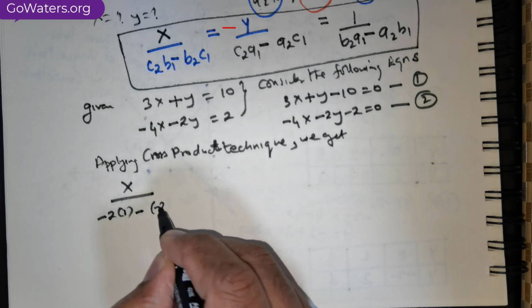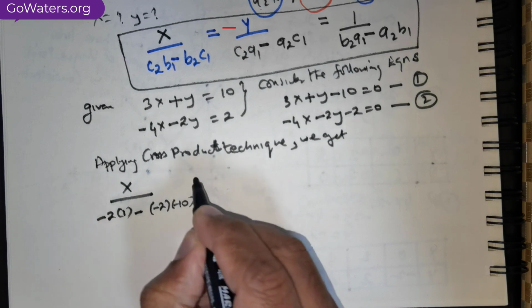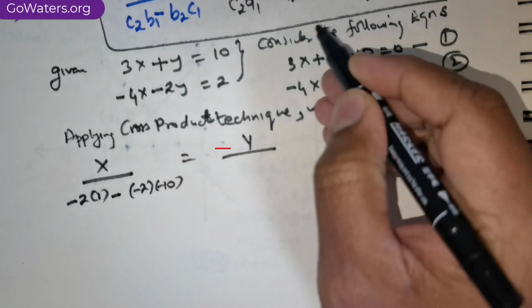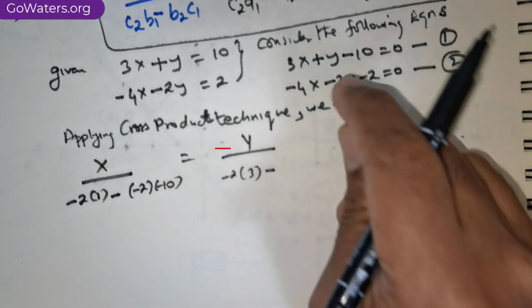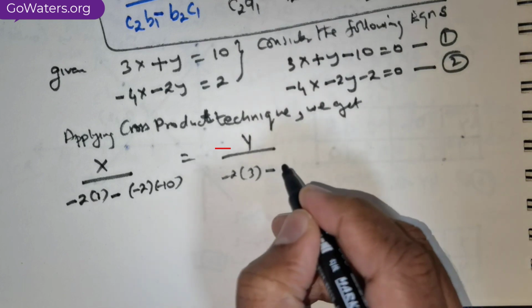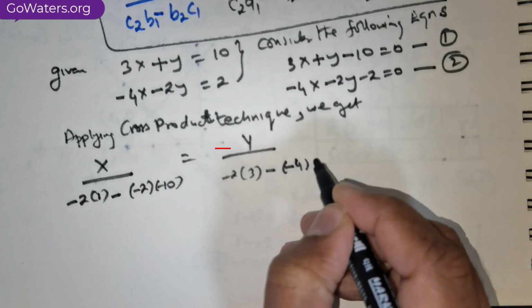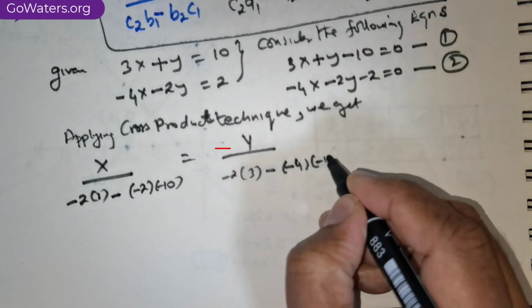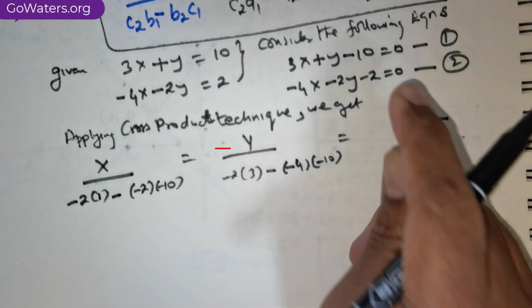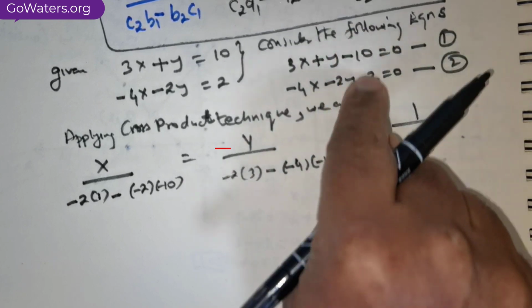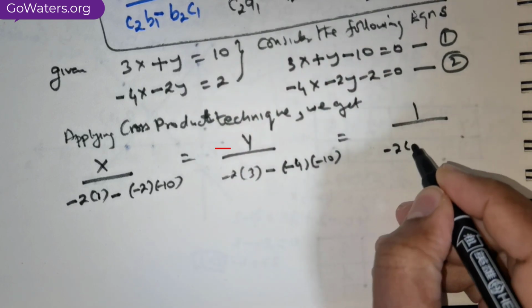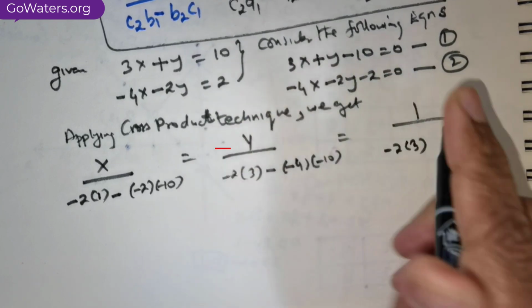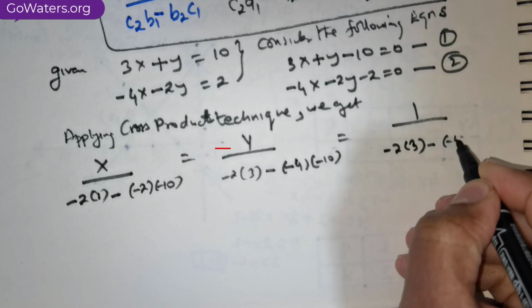Then y over, leave this column, it's going to be negative 2 times 3. When you're multiplying from the left, you place a negative sign, and then negative 4 times negative 10, is equal to 1 over, leave this column, so negative 2 times 3, and when you're multiplying from the left, place a negative sign, negative 4 times 1.